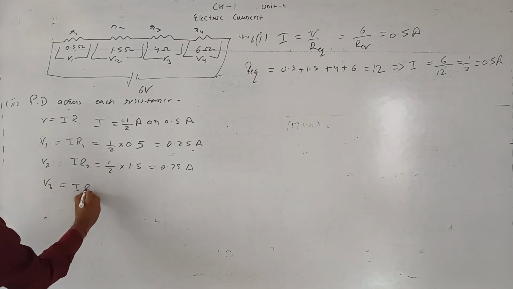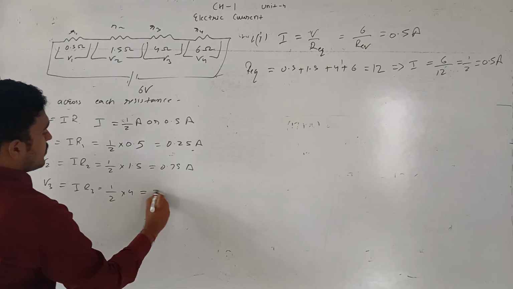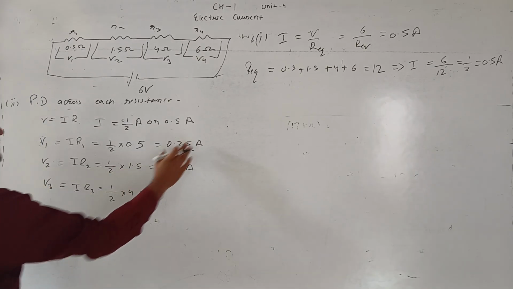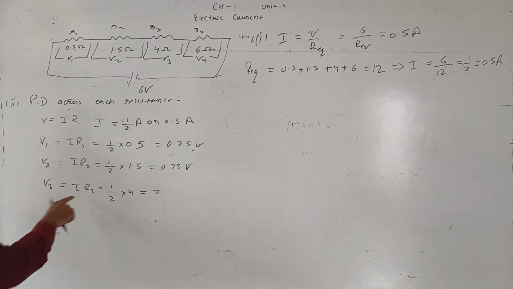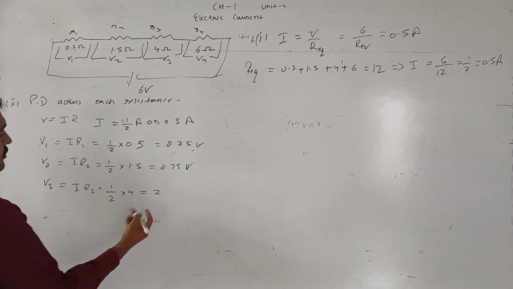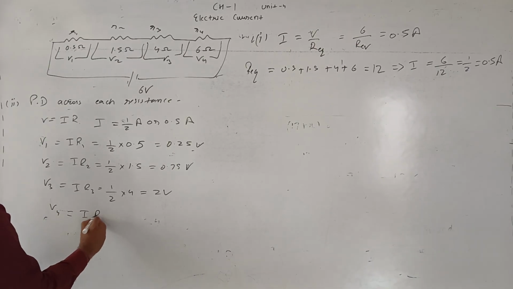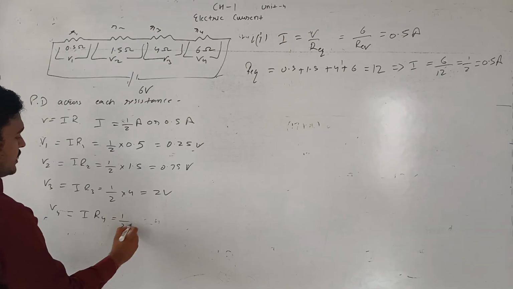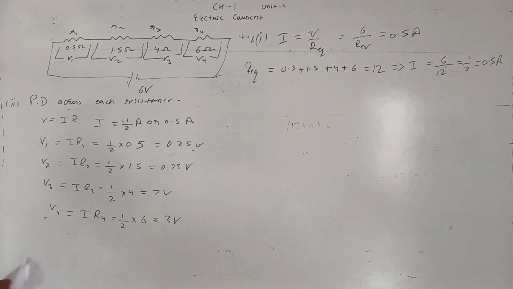V3 is equal to I into R3, which is 1 by 2 into 4, that is 2 volt. V4 is equal to I into R4, which is 1 by 2 into 6, that is 3 volt. These are all the potential drops.